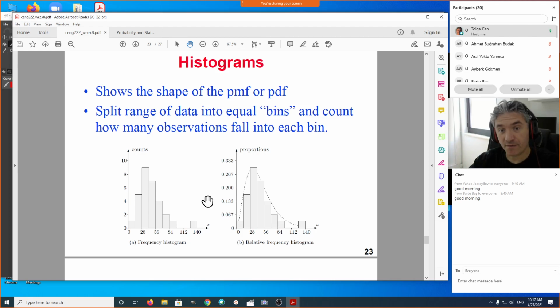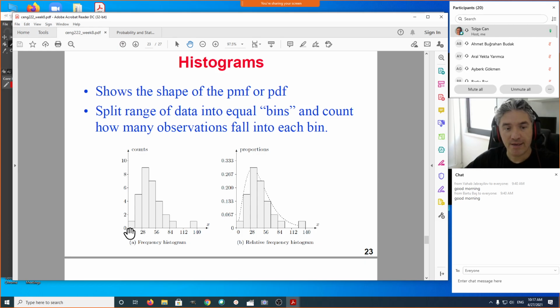For example, if you have values between 0 and 150, you can have bin sizes of 15, 10. If you have a bin size of 1, it means that in each bin you count how many elements fall into that bin. You will basically be counting how many zeros are there, how many ones, how many twos.